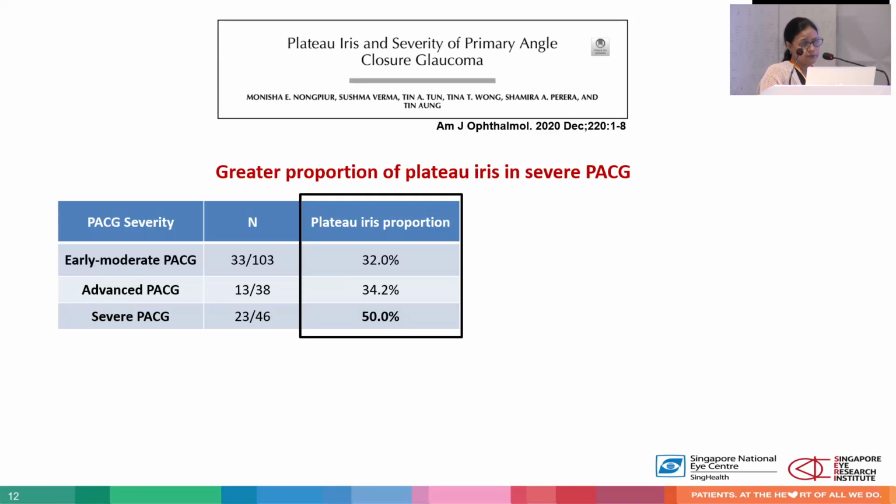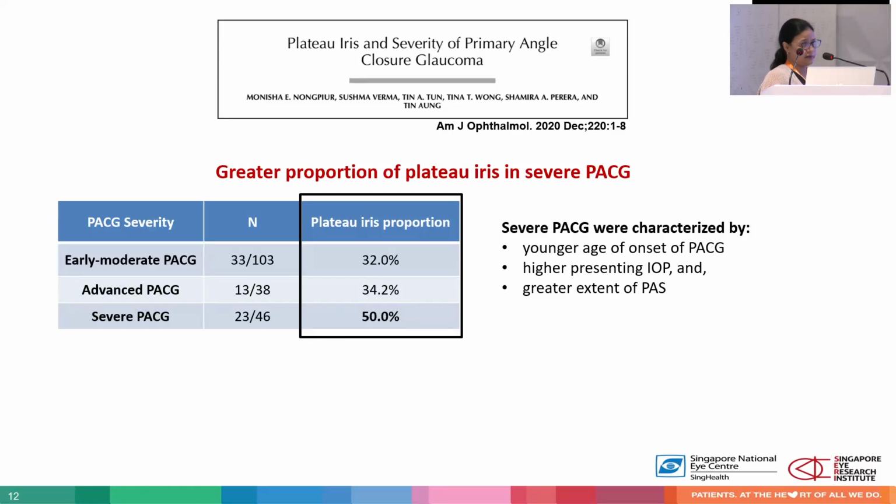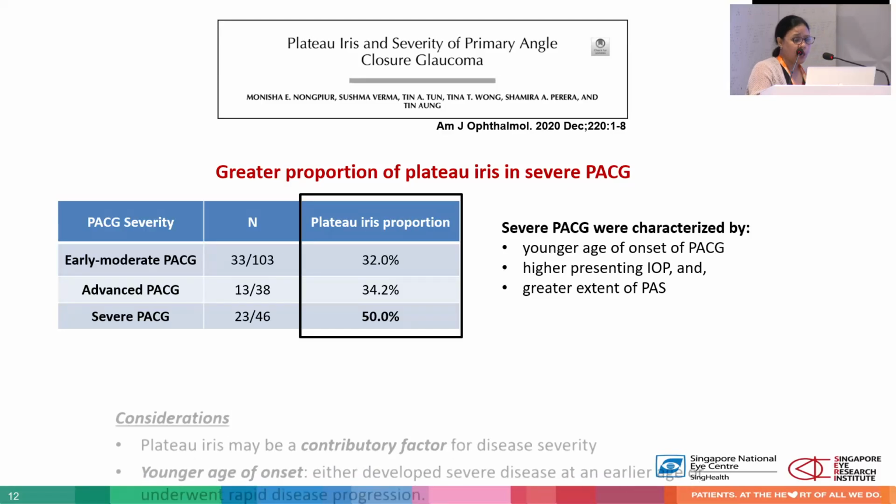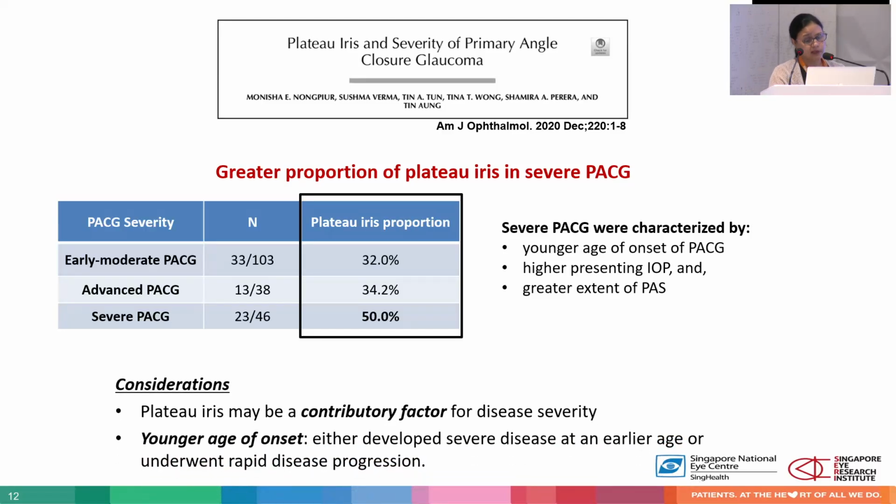These patients with severe PACG were also characterized by a younger age of onset, high presenting IOP, and greater extent of peripheral anterior synechiae. So this suggests that plateau iris may be a contributory factor for disease severity. And of course, a younger age of onset could either be because they developed disease earlier, or they underwent rapid disease progression. So plateau iris is often under-recognized. It's an important cause of angle closure, but perhaps under-recognized.